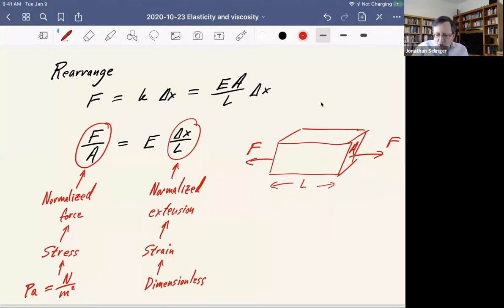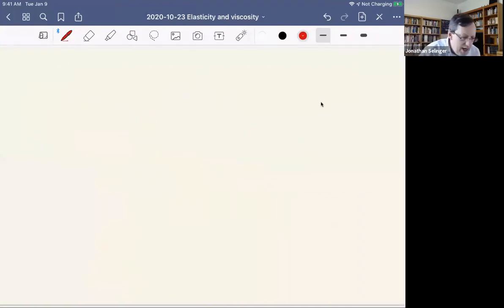Now, there are other kinds of mechanical experiments also, because there are other ways to push on a block of material besides stretching it. Okay, so now let's think about a different kind of experiment, called a shear.